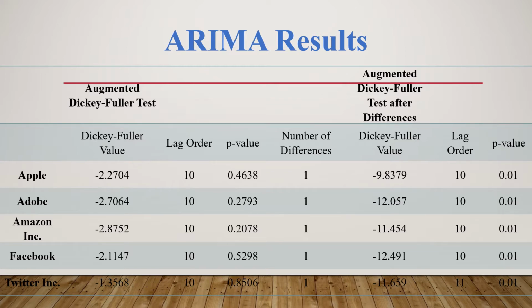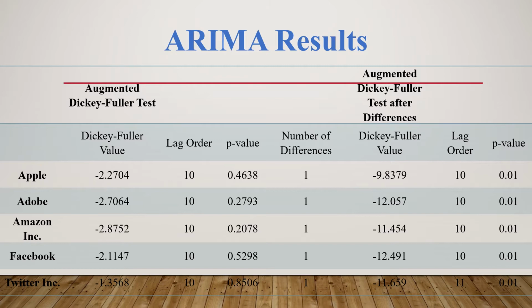Similarly, we ran ARIMA for all the other 4 stocks as well, and here is the data we summarized. We got a Dickey-Fuller value of -2.7064 for Adobe, and similarly -2.875 for Amazon, Facebook, and -1.3568 for Twitter. P-values of all these were significantly higher earlier. Twitter had a lot higher.